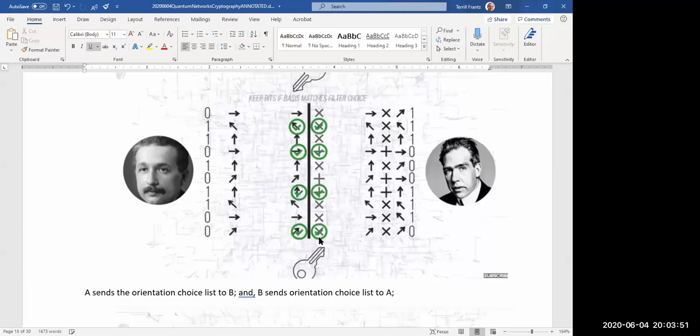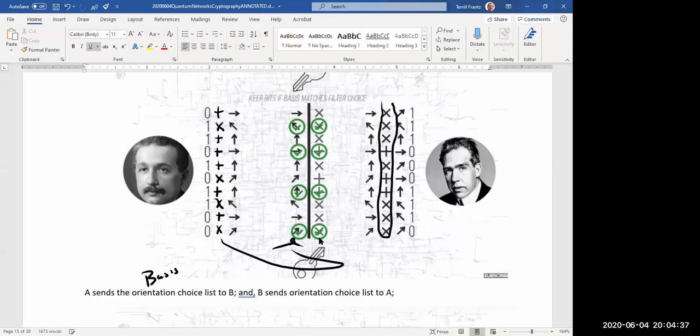So next, what happens is B sends the orientation list, the basis choices that B used, over to A. And A sends its list over, and they're compared.